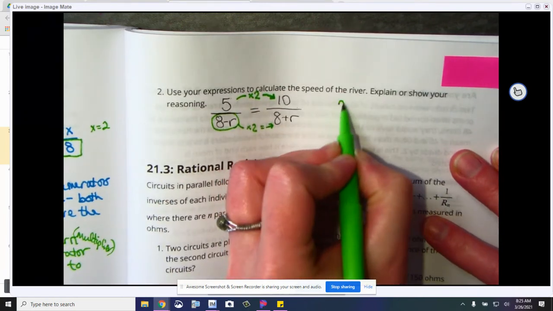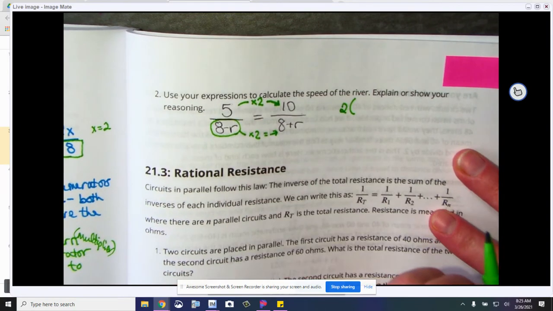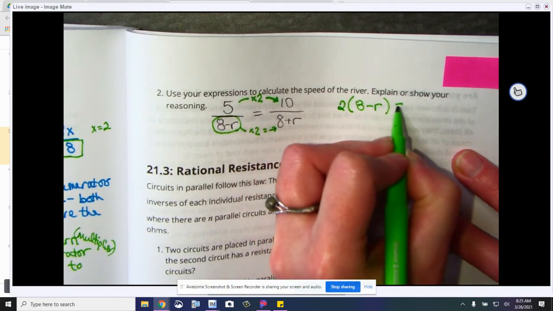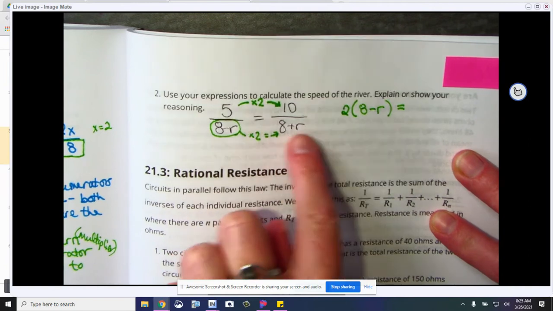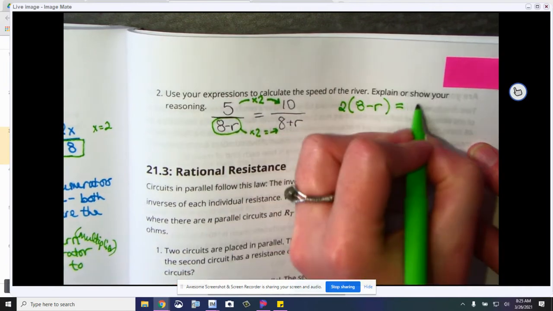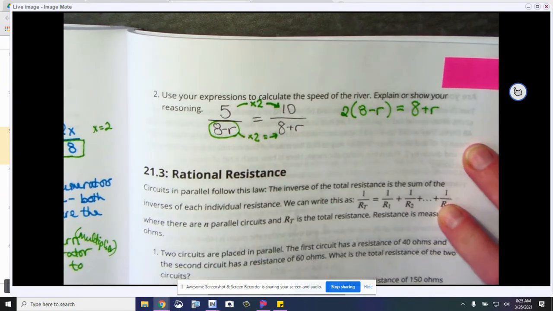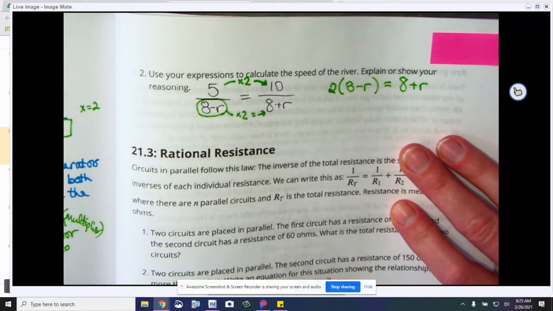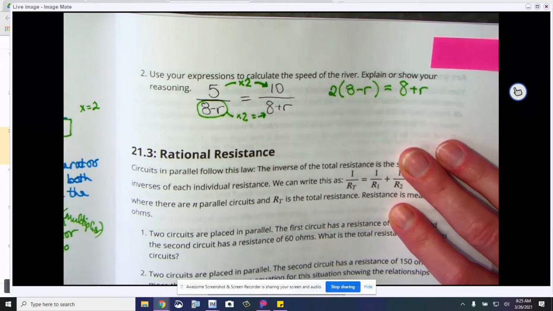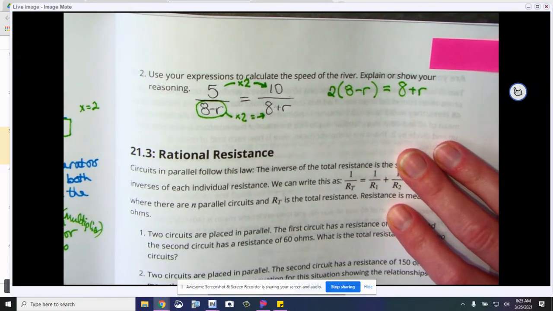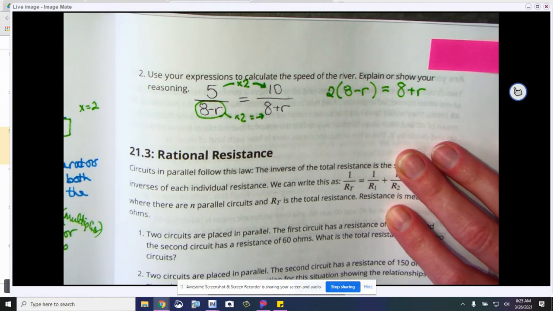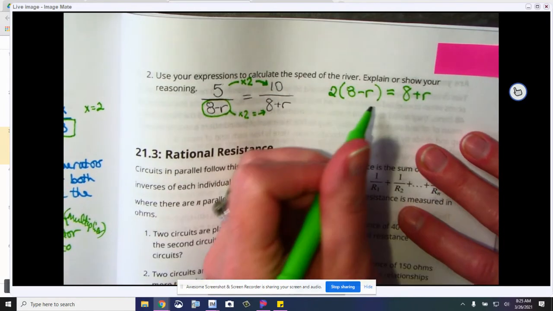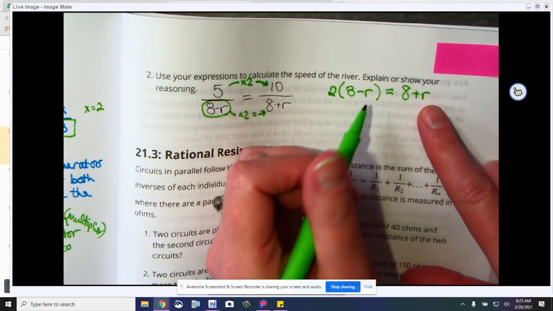So 2 times 8 minus r equals 8 plus r. I only have one variable, and so we're working step by step in Algebra 1 like we would have to solve a problem in one variable.